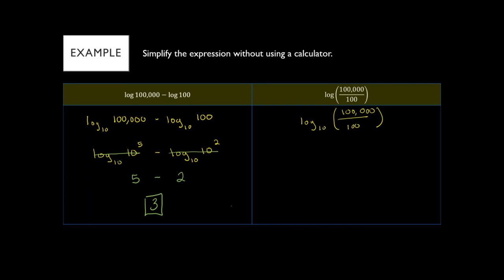So we don't have a rule when we have things divided inside here, but I can actually do this division. So basically, I'm just canceling out powers of 10. So basically 2 of the zeros disappear here. And this is equivalent to log base 10 of 10,000. I have to count the correct number of zeros there.